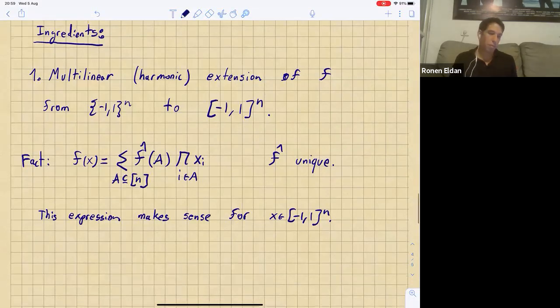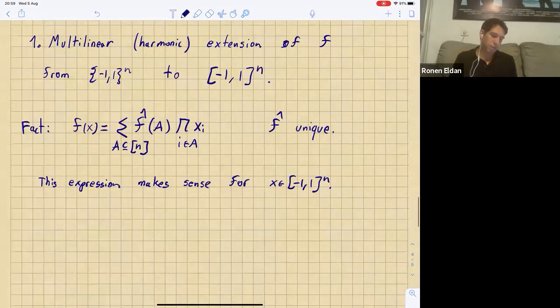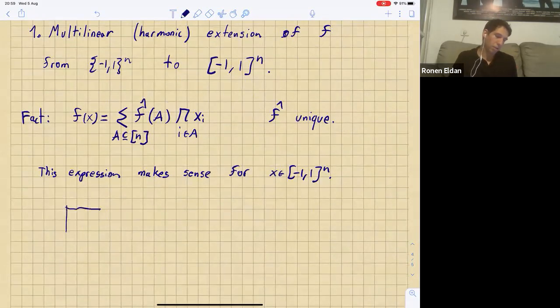Another way to think about this definition, which might make more sense for what we're doing here, is to start from a function defined on the corners, and then we can uniquely harmonically extend it into the one-facets of the hypercube.